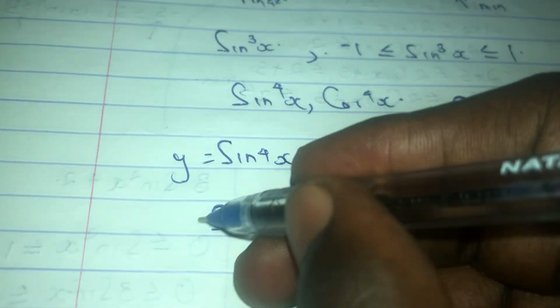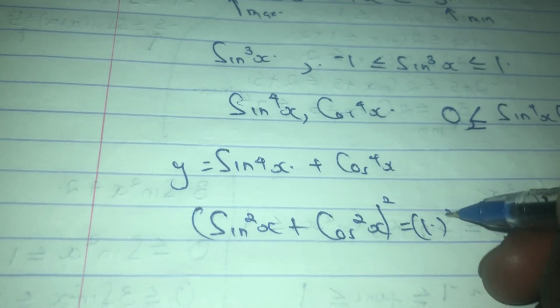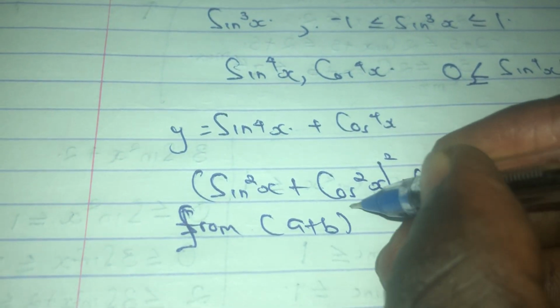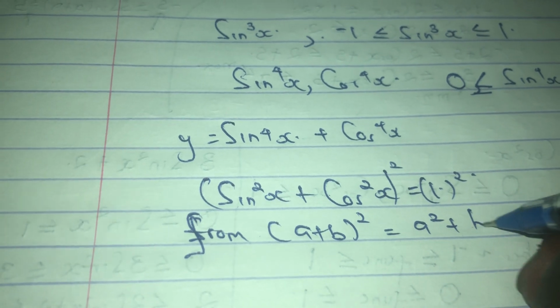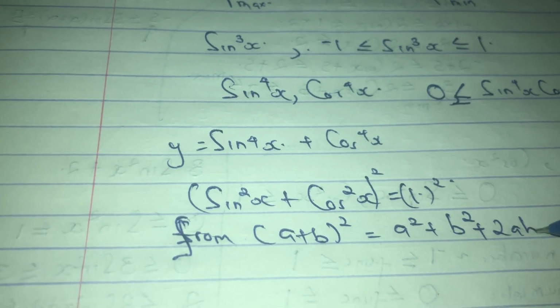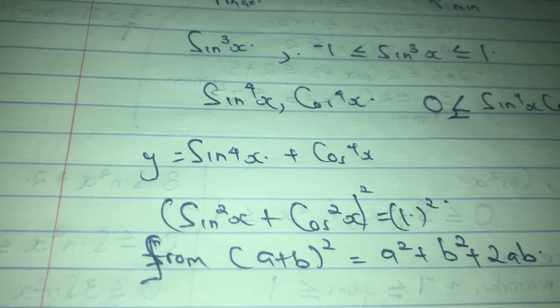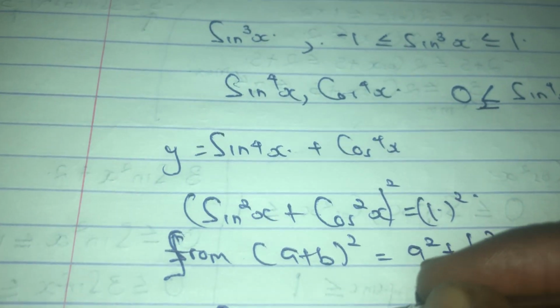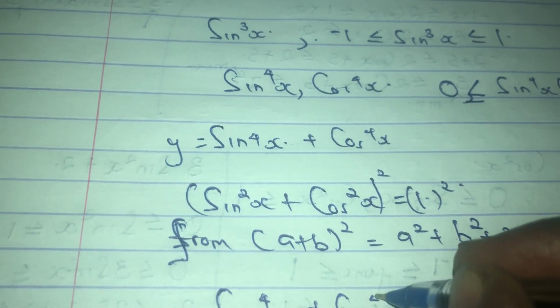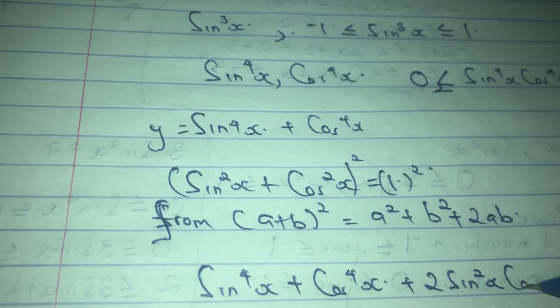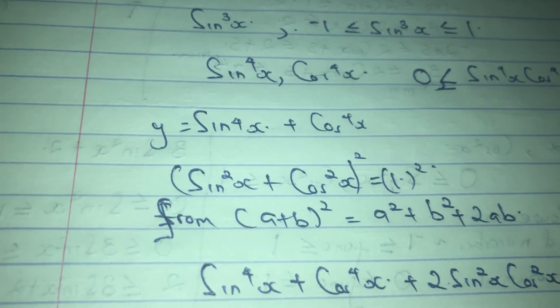We square both sides. So this will give us, now here I'll try to get it from a plus b squared. This is the same as a squared plus b squared plus 2ab. So I'll try to fix it in. This is sine 4x, because it's a square, plus cos 4x plus 2 sine squared x cos squared x equals 1.